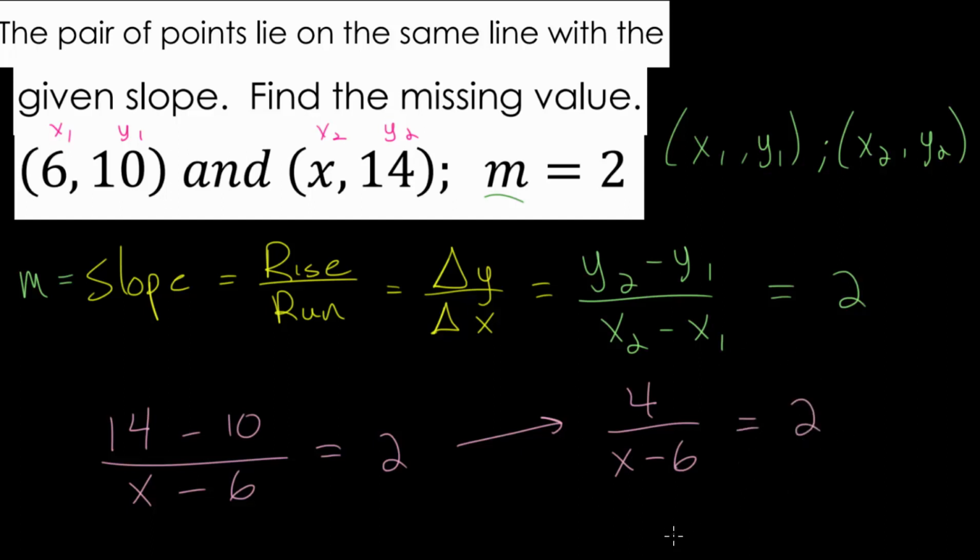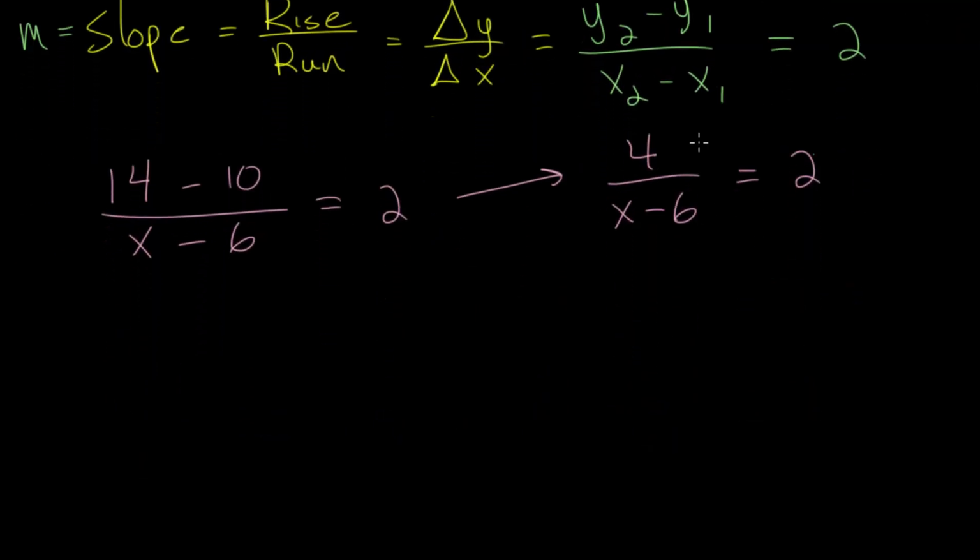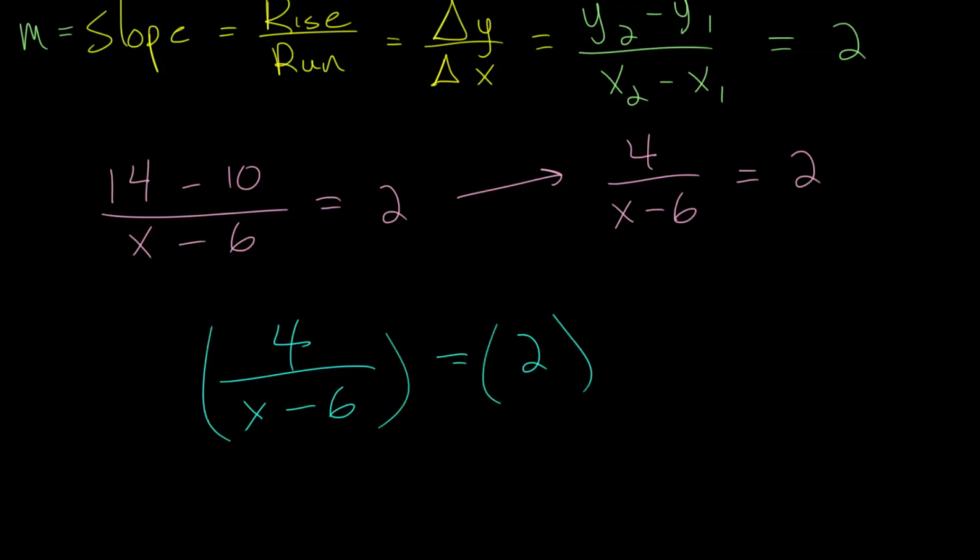To solve this, this is a rational equation. We have x in the denominator. We need to get x out of that denominator. So let's multiply both sides of the equation by that denominator. Let's start by rewriting everything so that we have some room here. We can multiply both sides of this equation by x minus 6.